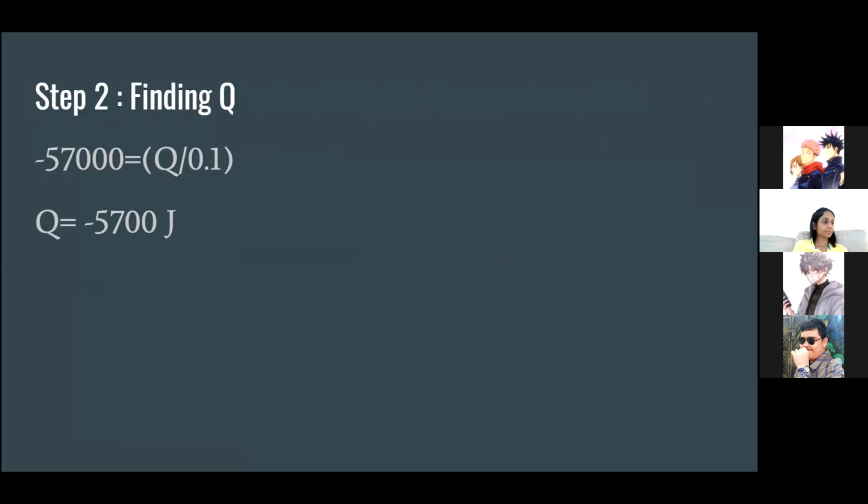All right, so step 2 is finding Q. Q equals mcθ. But to find Q, you need an algebraic expression: 57,000 equals Q divided by 0.1, and by doing that you get Q equals 5,700. Next slide.